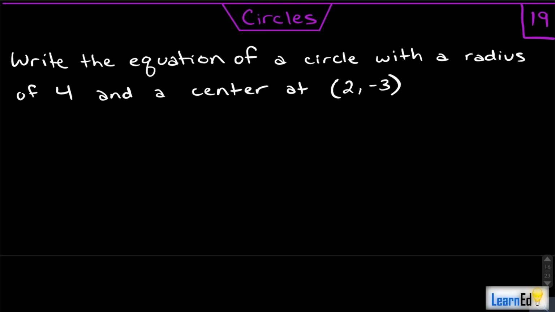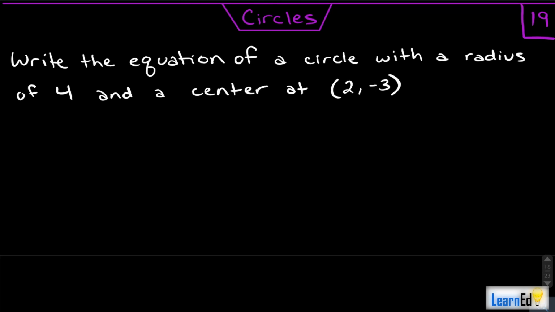Okay? So now we're going to move on to circles, which I definitely think is a place where students have trouble. I definitely think that that's one of the topics that I struggled more on when I was in algebra. But we want to write the equation of a circle with a radius of 4 and a center of 2, negative 3. Okay?